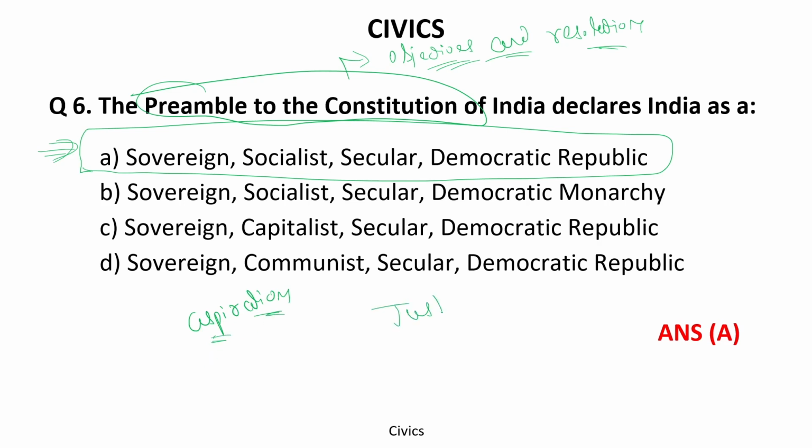So the aspirations of the constitution are justice, equality, integrity, and fraternity. So remember, these are the features of the constitution and these are the aspirations or ideas to be achieved.